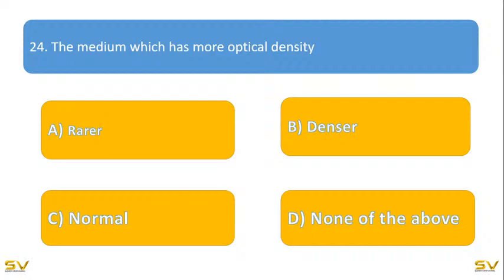If you know that, then you will be able to find the answer to this question. So rarer, denser, normal, none of the above.